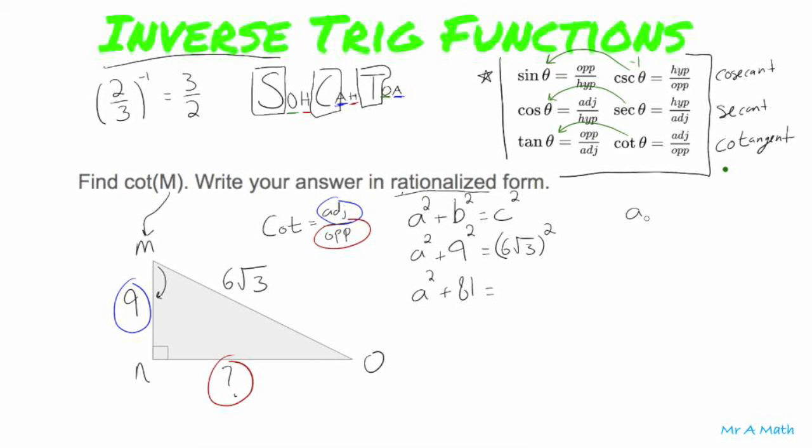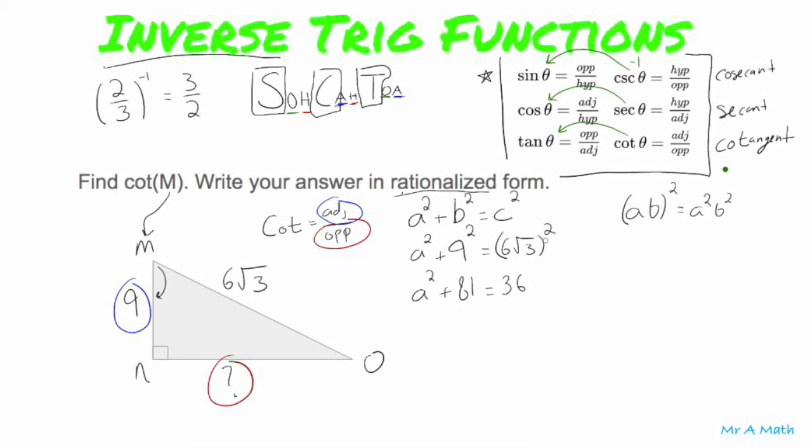This exponent should be 2, not 3. If you remember from algebra, a times b squared is just a squared times b squared. So we're just going to distribute this exponent here. And now 6 squared turns into 36.